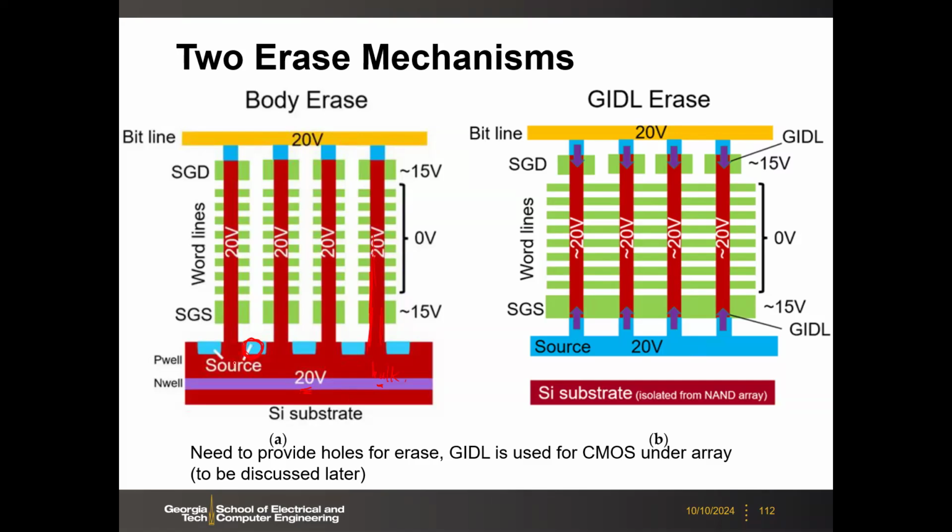But if your string does not have the body, for example here, if the source line is metal, actually this is widely used in today's CMOS under array, because nowadays the 3D NAND is fully on top of the silicon substrate, which is used for peripheral circuits. So there's dielectric in between the silicon substrate and the top 3D NAND. So this is metal.